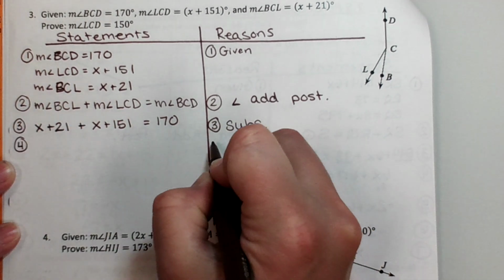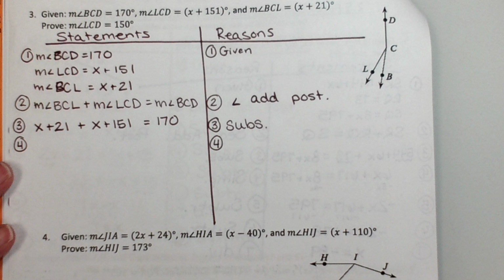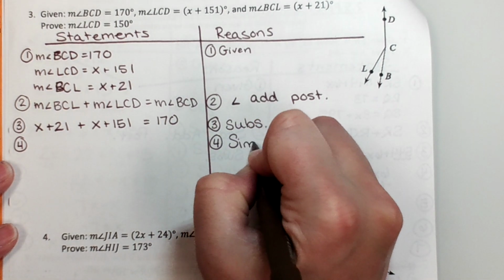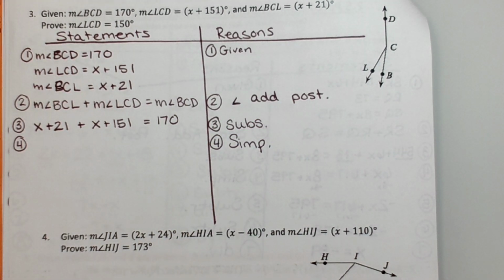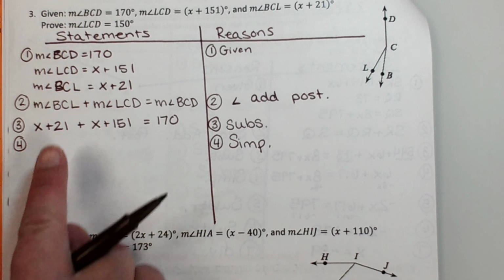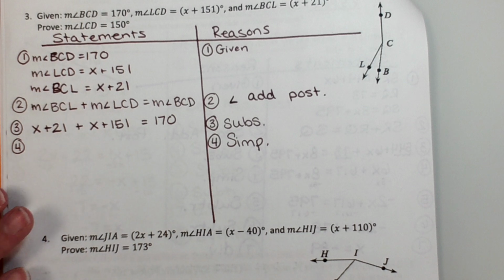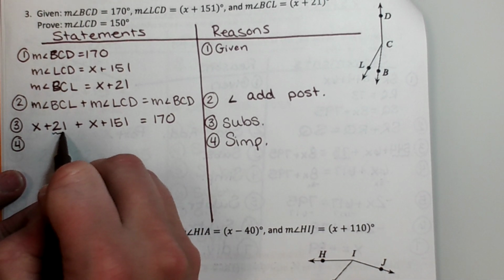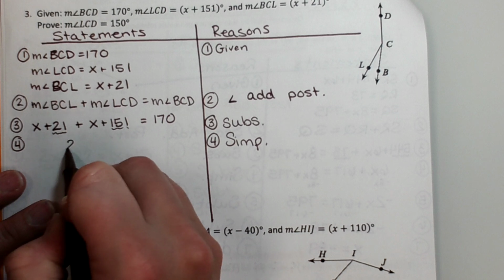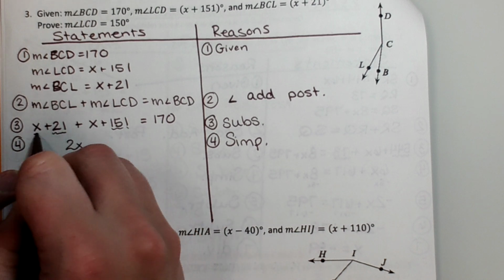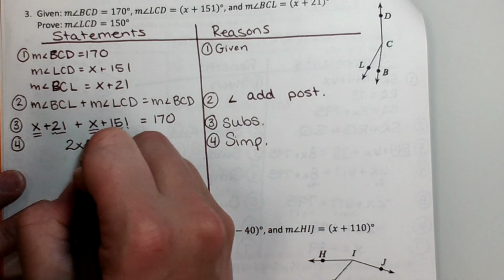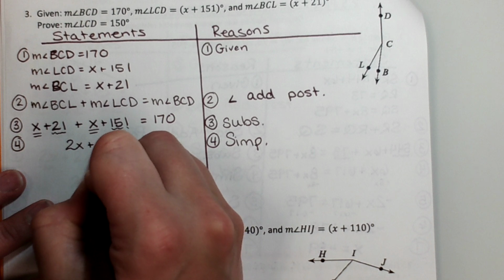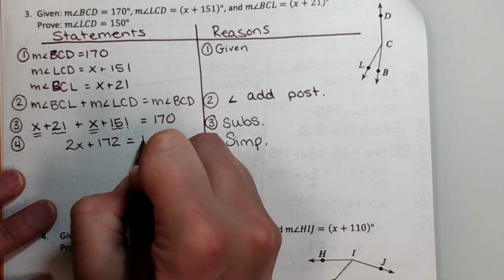Kylie, what comes next? We would simplify. Zion, what does the simplified version of this look like? 2x and whatever 21 plus 151 is, which is 172, equals 170.